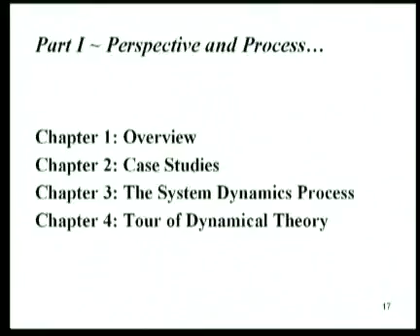So in the Sterman book, he has, I think it was seven parts. The first is what he calls perspective and process, and there are four chapters there. That constitutes about the first 100 pages of the text. So he gets into an overview, case studies, the system dynamics process, and a tour of dynamical theory. I'm going to go over those now in the remainder of this lecture with hope of jump-starting you through system dynamics.